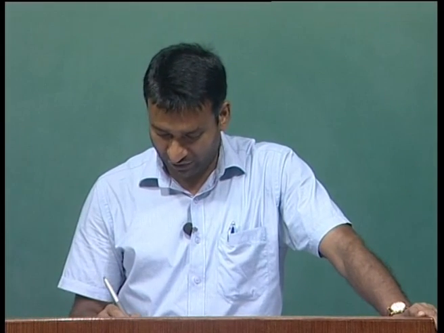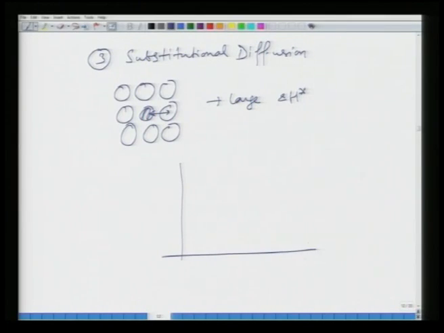So, if you plot, for example, the distance versus the activation energy plot. So, let us say this is the activation energy. This is your QD or delta H star.